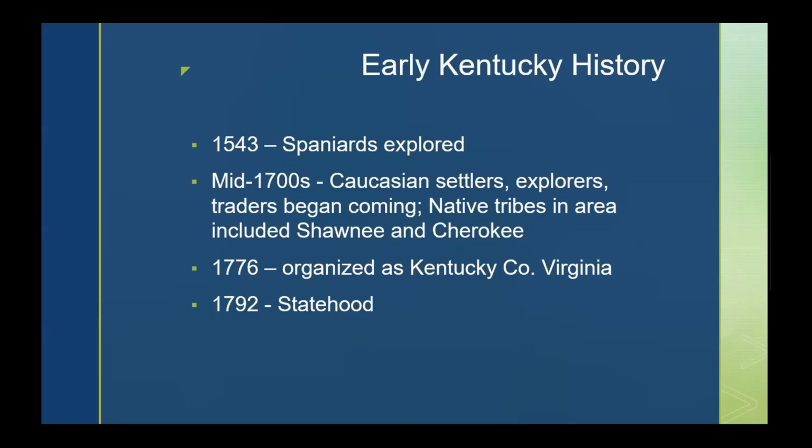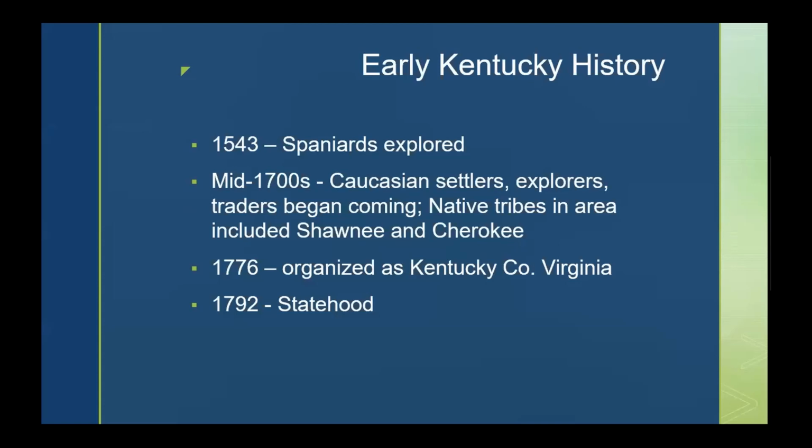Basically, around the mid-1500s, the Spaniards were in Kentucky. And of course, prior to that, Native Americans were there. By the mid-1700s, they were having Caucasian settlers and explorers and traders coming into the area that is now Kentucky. The native tribes in the area included, but not exclusively, the Shawnee and the Cherokee.